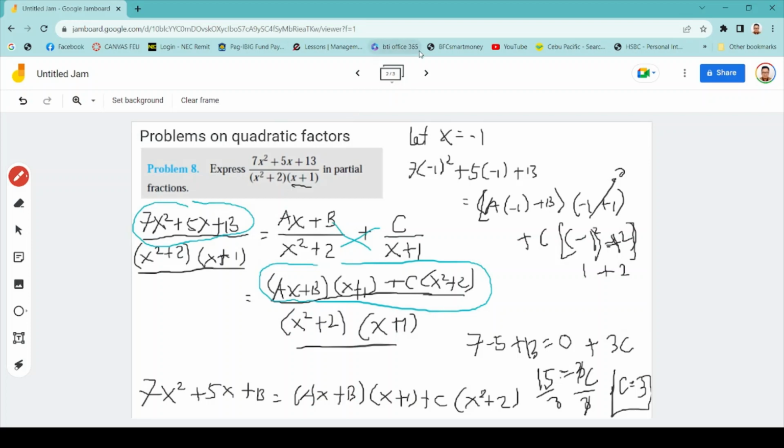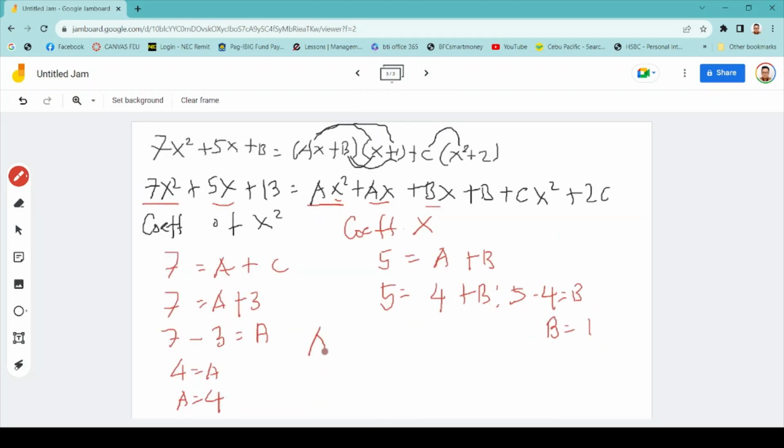From here, we can rewrite ax plus b over x squared plus 2, plus, this is already the partial fractions, c over x plus 1. We just use the value of a, which is 4, 4x plus b, which is 1, over x squared plus 2.